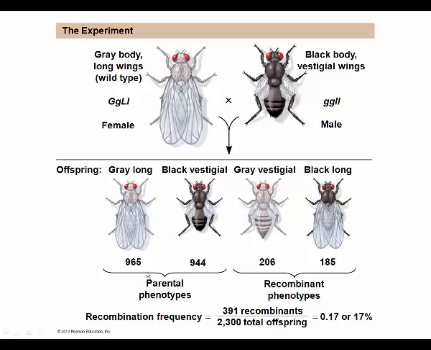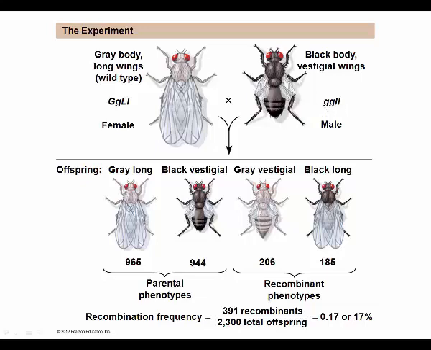However, instead, I see 2 larger classes, gray and long, black vestigial, and 2 smaller classes, gray vestigial and black long. These smaller classes must be recombinant types that come about by crossing over in this heterozygous female. We ignore the male because the male is only homozygous recessive, and so even with crossing over, he can only give little g and little l.